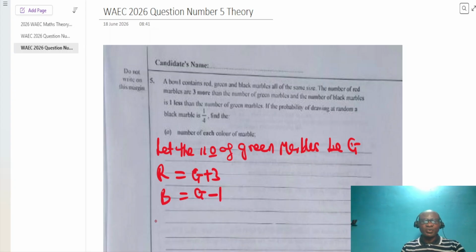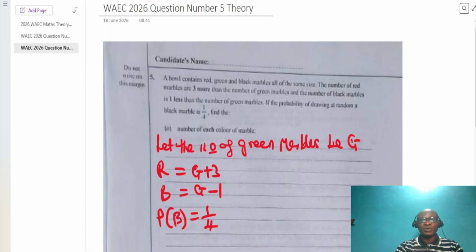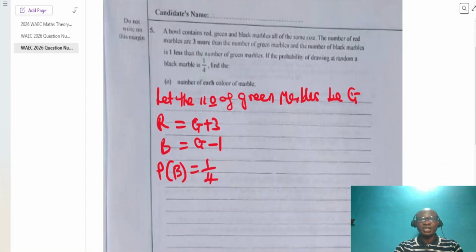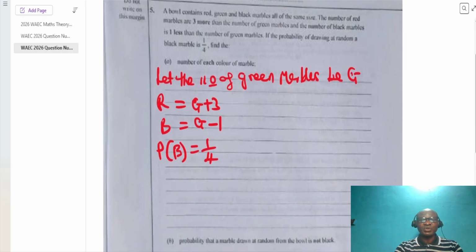We are given that the probability of picking a black marble is 1 over 4. In question A, we are expected to find the number of each color of marbles. Therefore, we are going to add all the marbles: red plus black plus green.